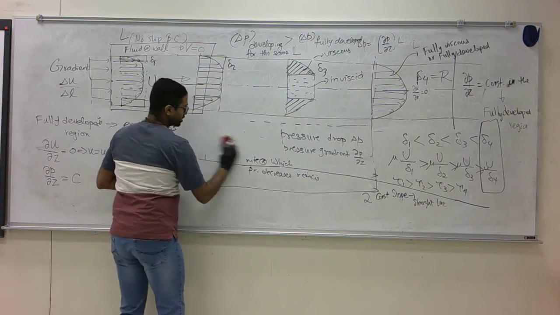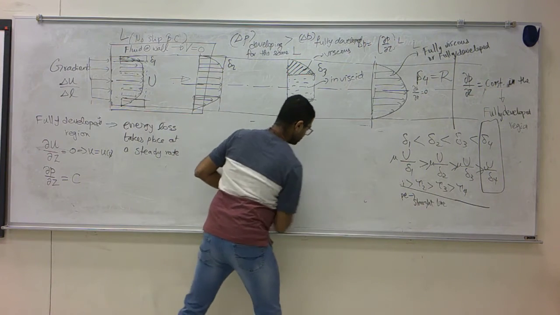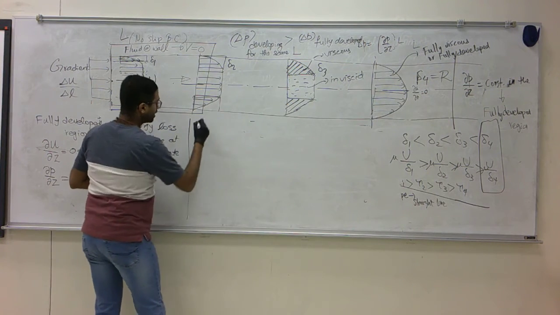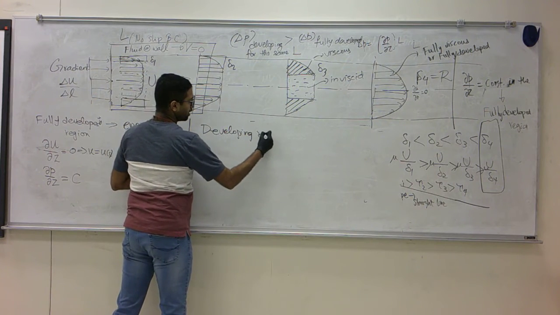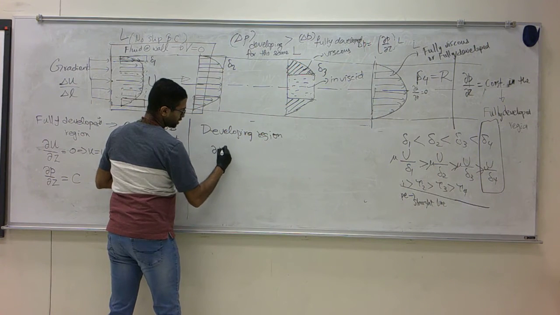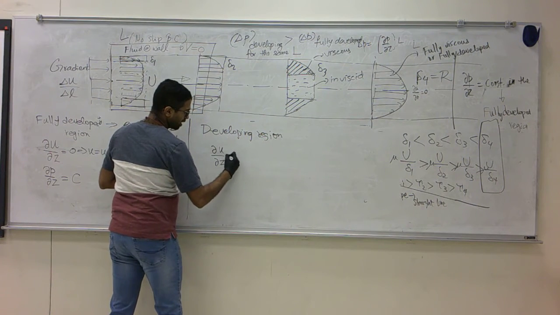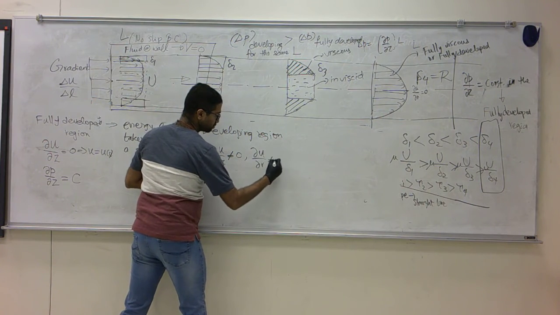The developing region is a region where the velocity profile is both a function of the axial position and radial position.